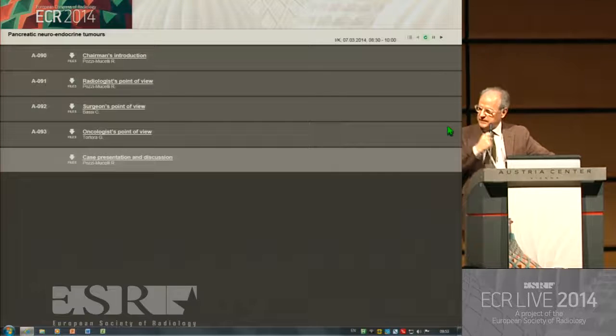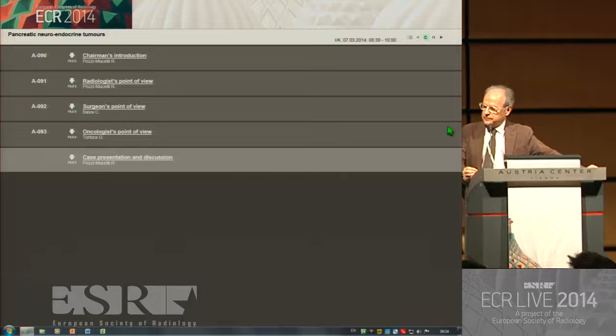This is important for us because we need to know which type of therapy the patient is receiving and what we should expect for this lesion. So if we see tumor stability, that can be considered already a good result.